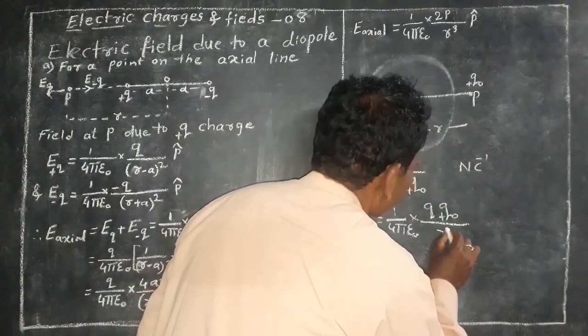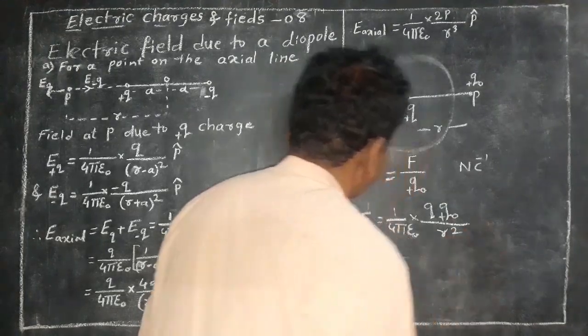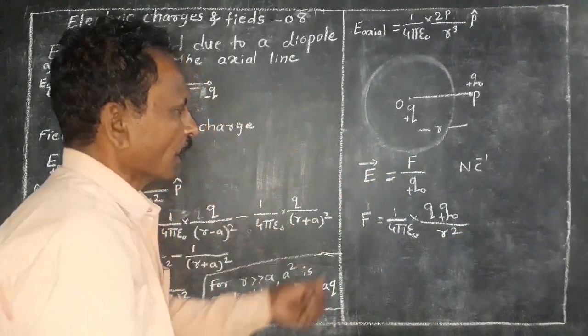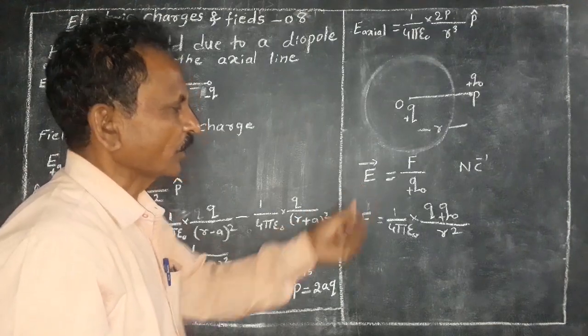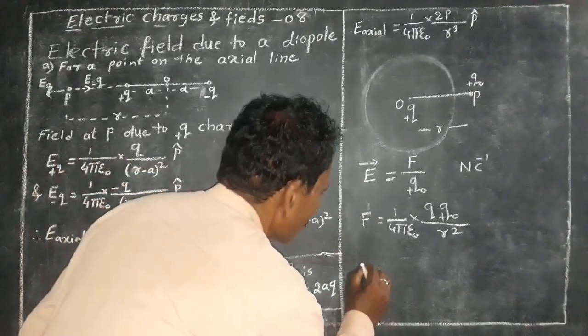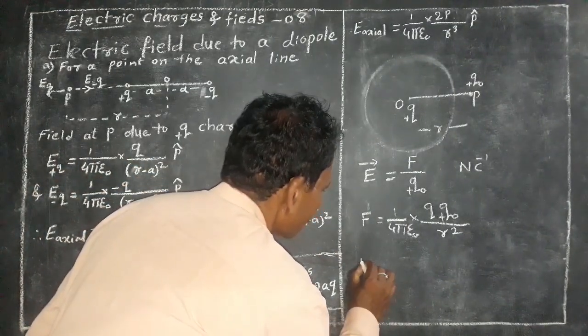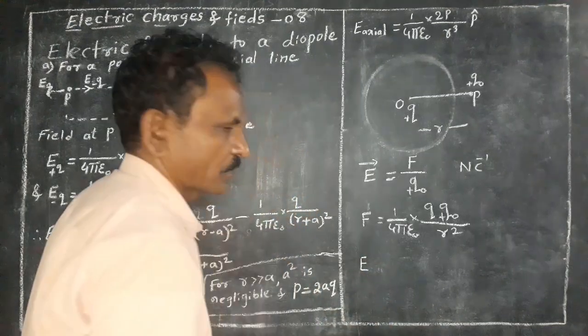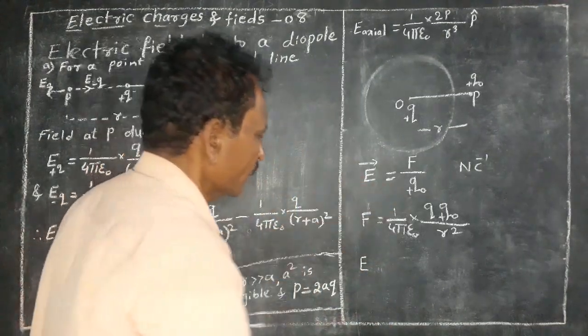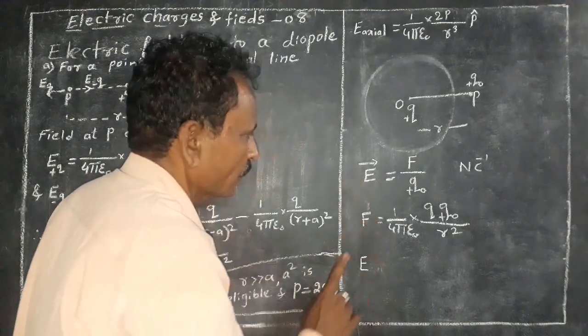Then, the intensity of electric field is defined as force per unit charge, force per unit charge at that point in an electric field.